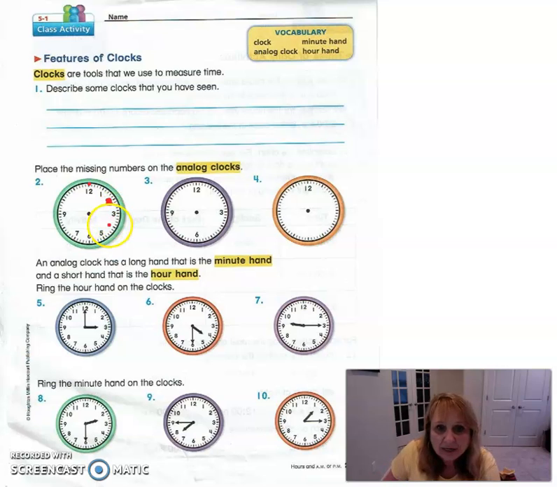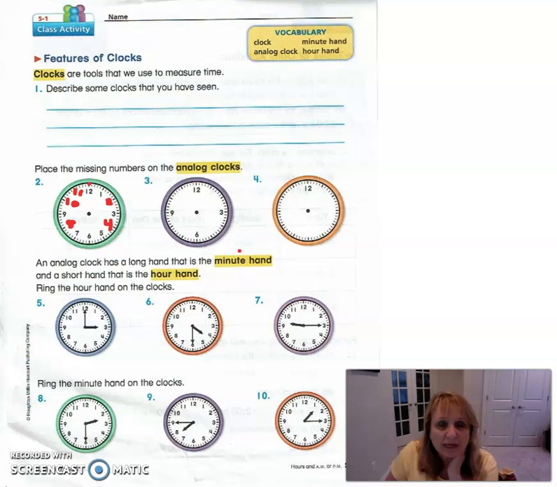And 3, 4, 5, 6, 7, 8, 9, 10, 11, and 12. Will you go ahead and complete the other two clocks, number 3 and 4?